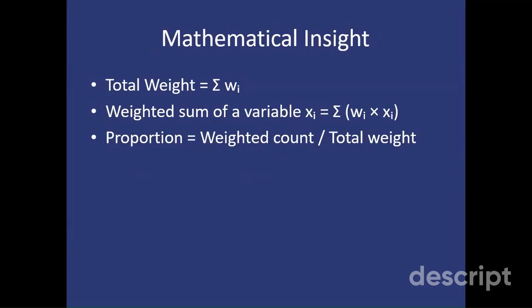In this context, we are dealing with frequency weights, where each weight represents the number of individuals corresponding to a row. So, the total number of observations is not the number of rows, but the sum of all weights. This gives us the weighted count, which reflects the true dataset size.